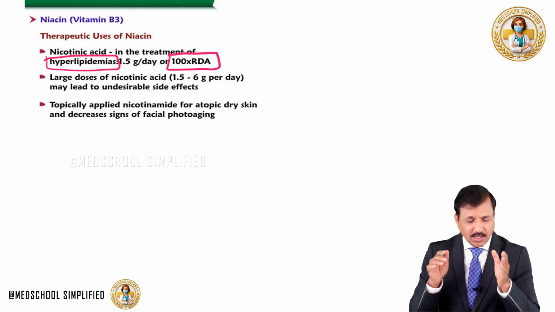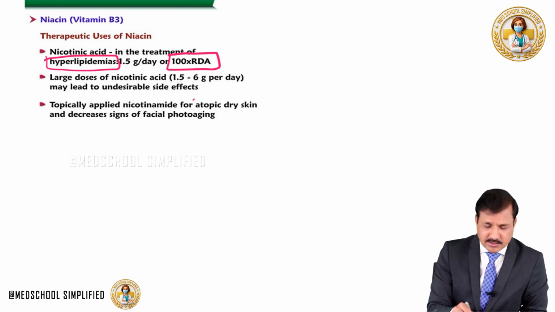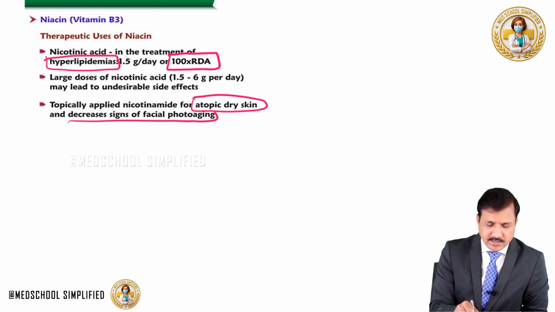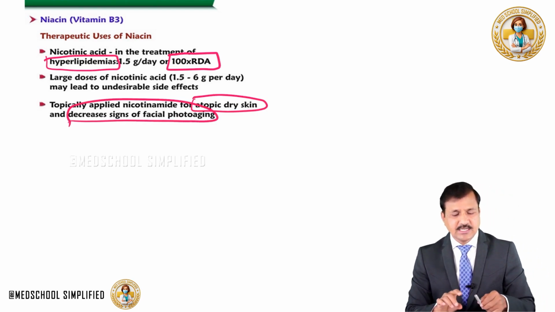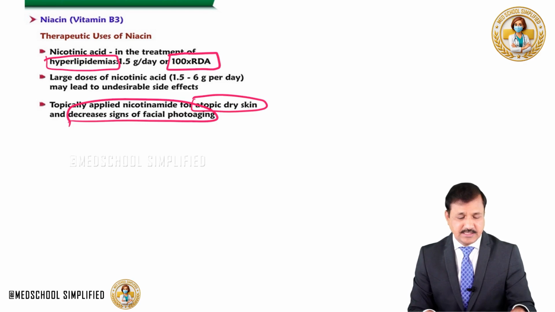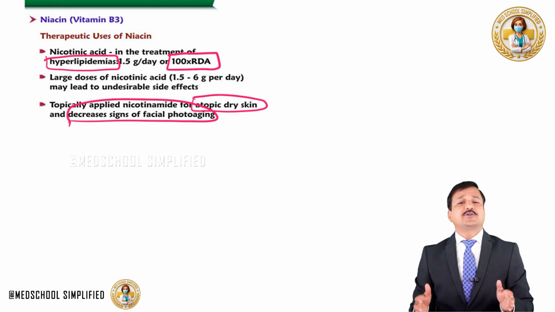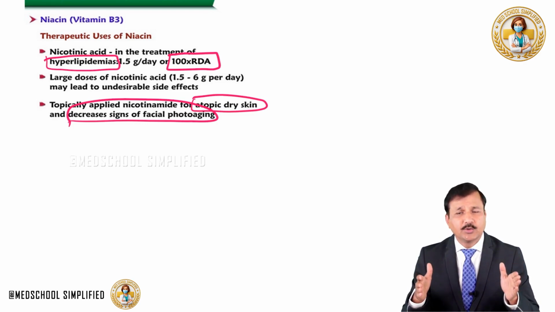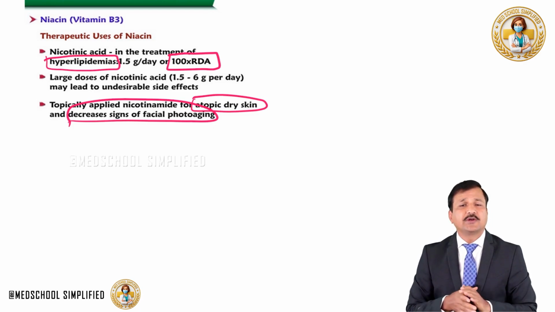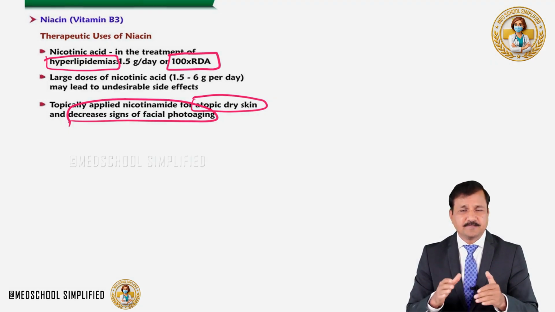That's why topically applied nicotinamide is used in atopic dry skin, and also in decreasing the signs of the facial photoaging process. So, that's all about vitamin B2 riboflavin and vitamin B3 niacin. Thank you.